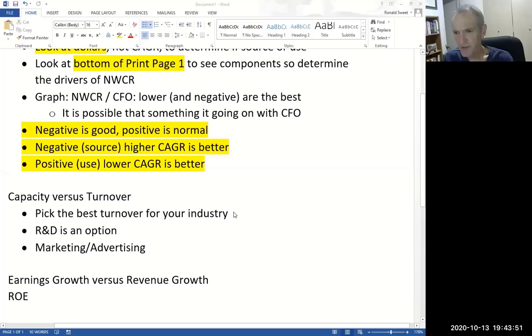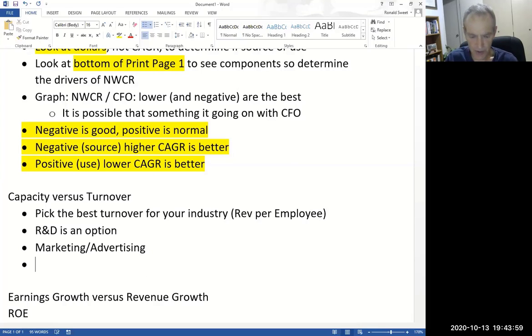All right, so let's keep talking about turnover here. So pick one that's best for your industry. If you can't figure one out, then revenue per employee is not a bad one to do. And then what you've got to do is capacity growth versus turnover growth.